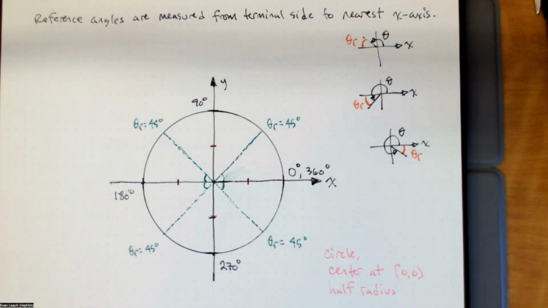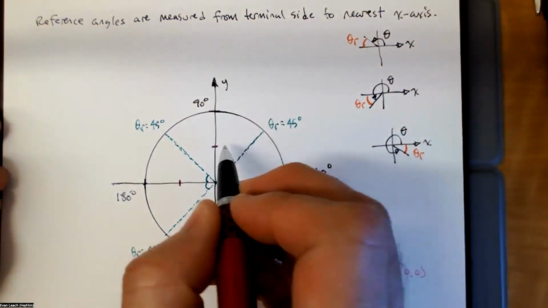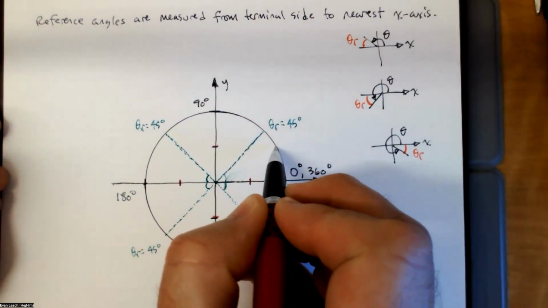Here are the other reference angles that we care about. We care about 30 degrees and 60 degrees. To find the 30-degree angle, go halfway up vertically, and then cut over to the circle.